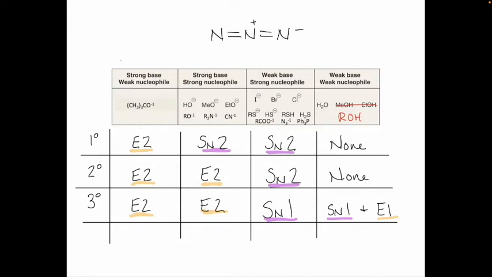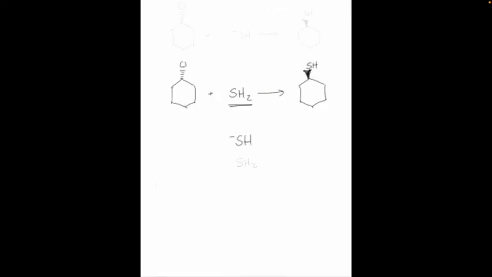Okay, specifically these two, I'm going to be honest, I put those on there because your OWL assignment will include them, but it won't have them in any of the problems where it's asking you to draw products, just in the questions where it's asking you to identify what the mechanism is, Sn1, Sn2, E1, E2. So I kind of sort of specifically have been glossing over the structures of these. But yeah, FYI, this is what the N3 minus looks like. This one right here, you want to hate me?